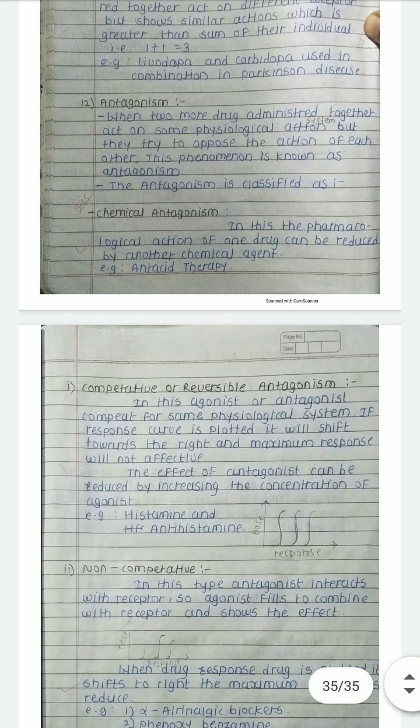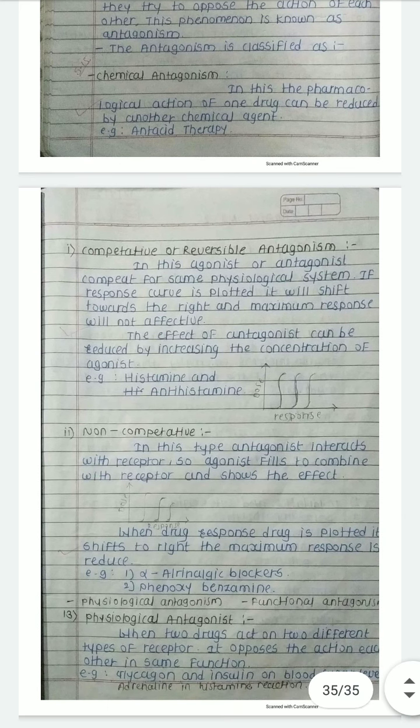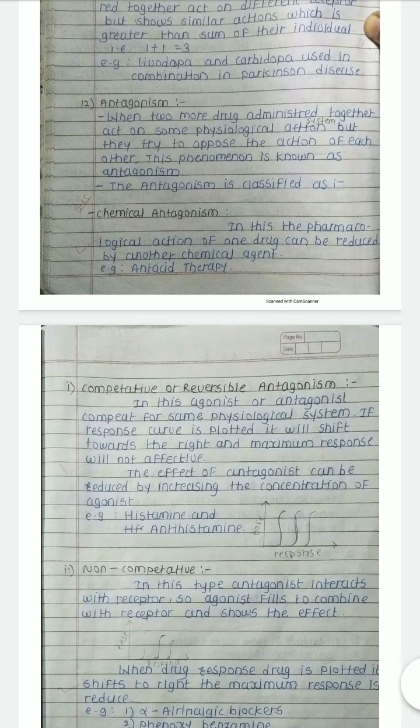So antagonism consists of chemical antagonism and physiological antagonism. Antagonism is nothing but when two or more drugs are administered together having the same physiological action but trying to oppose the actions of each other. That simple phenomenon is known as the antagonistic effect or antagonism.